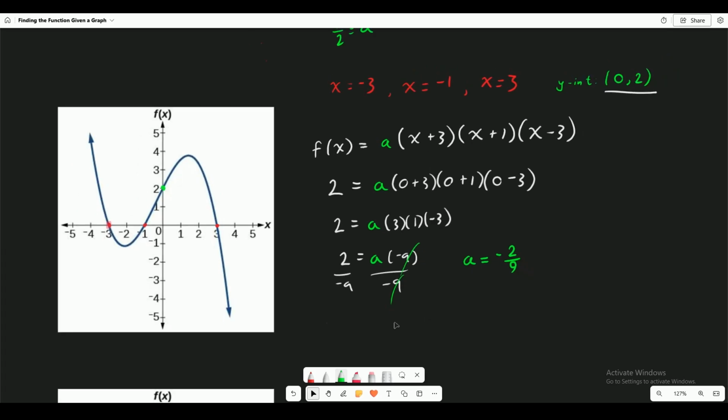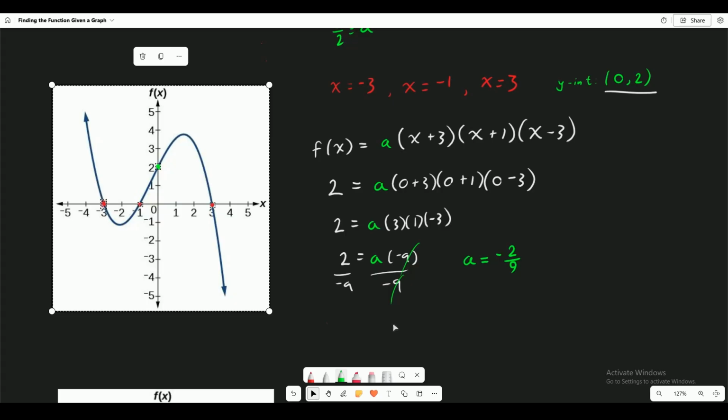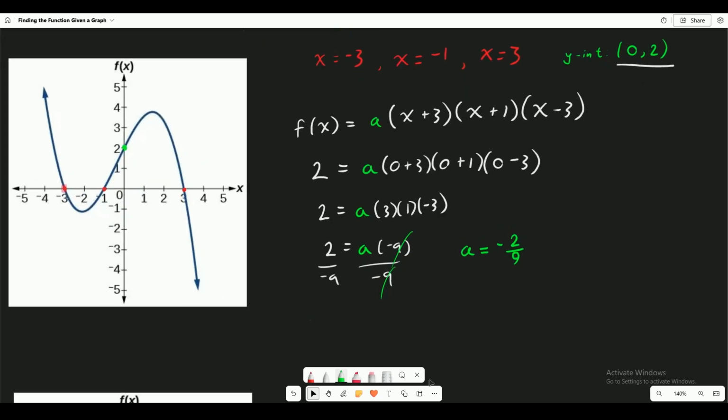Alright, so now let's finish drawing our function. Our final result is going to be f of x is equal to negative 2/9 times x plus 3 times x plus 1 times x minus 3.